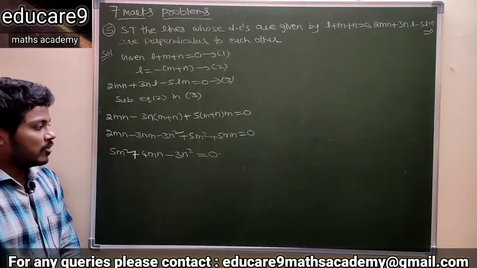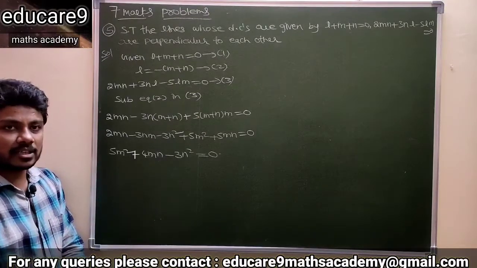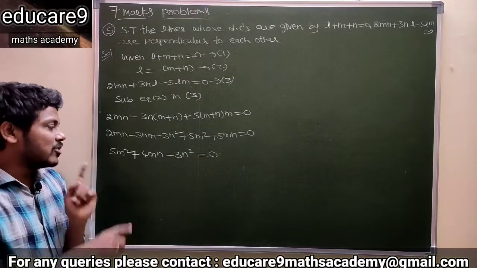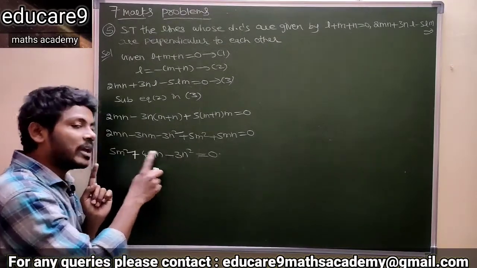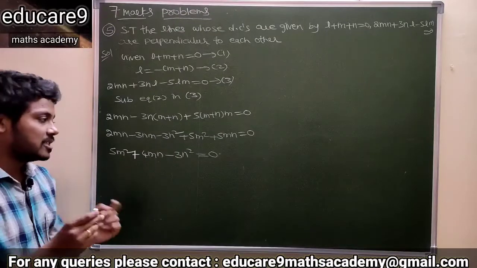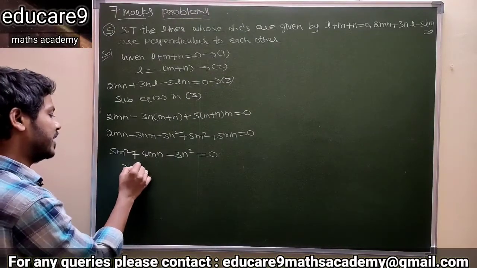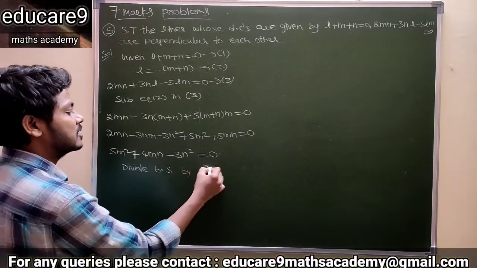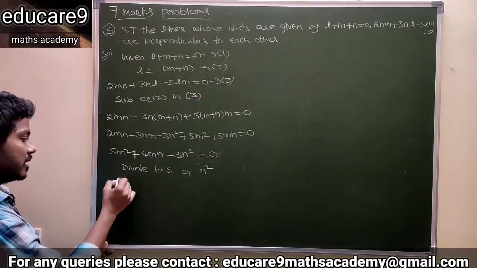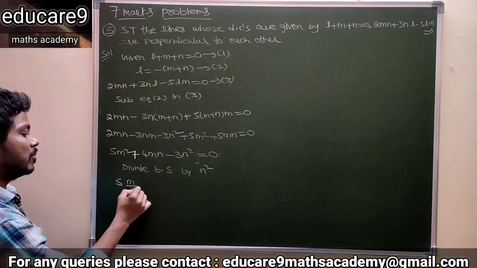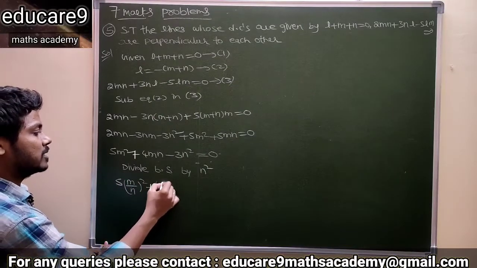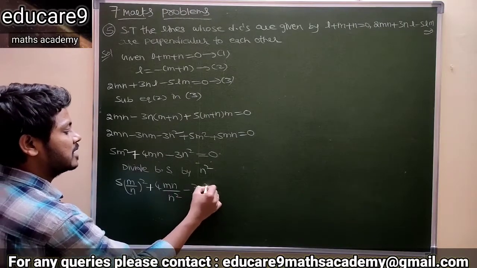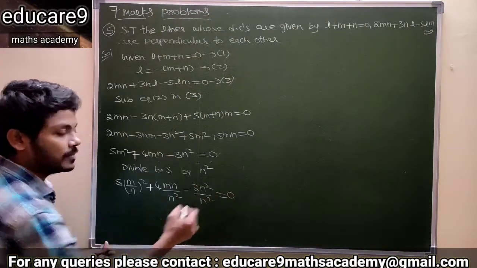So clearly find the factors. There are no factors. So in that case, we have to divide by either m square or n square. See here, divide both sides by n square. So what do you get? 5 into (m by n) whole square + 4mn by n square - 3n square by n square = 0.